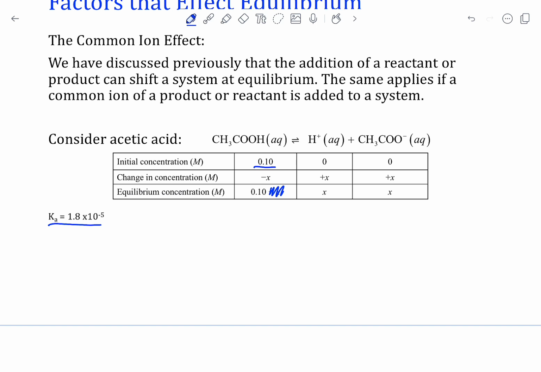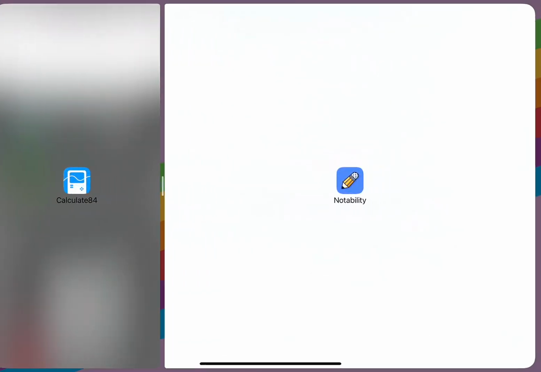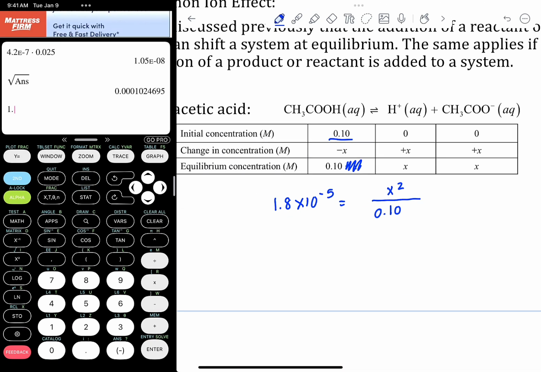So we know that Ka is 1.8 times 10 to the minus 5, and that's equal to our products, which is X times X, or X squared, over the concentration of our reactant, 0.10 molar. So let's grab our calculator so that we can solve for X. We're going to take that 1.8 times 10 to the minus 5 and multiply it by 0.1.